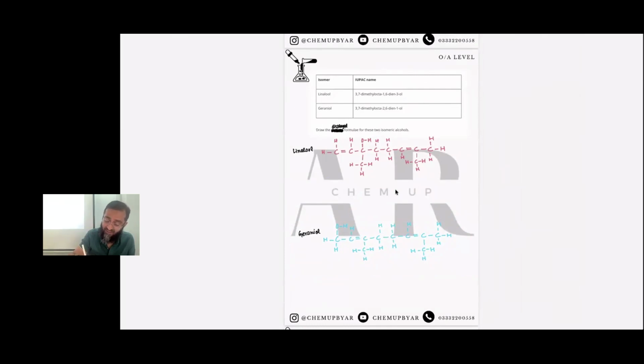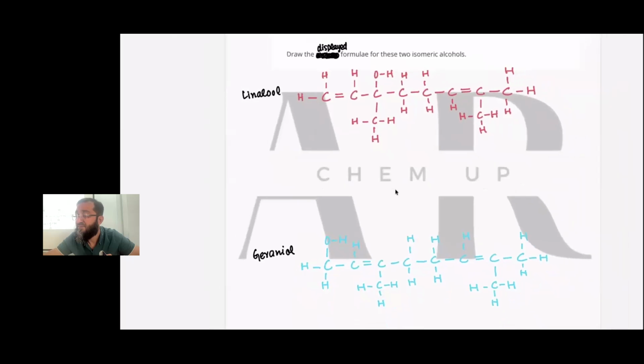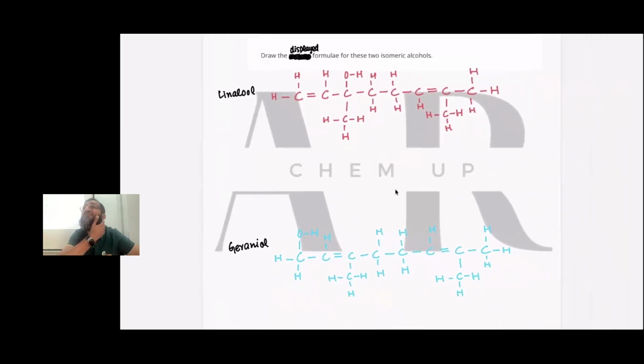You need to draw the skeletal and structural both. Yes, Mariam. Complete it and show me. You have drawn these two displayed formula.